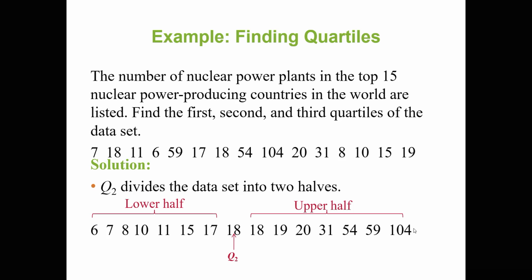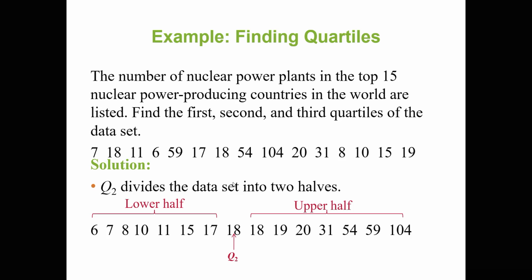And the first thing you want to do is look at the lower half and the upper half. So when you arrange it in ascending order, you look for the median. Now, we have 15, which means we are dealing with an odd number. So you are looking for the first 7 and the last 7, and the middle part is simply the median.